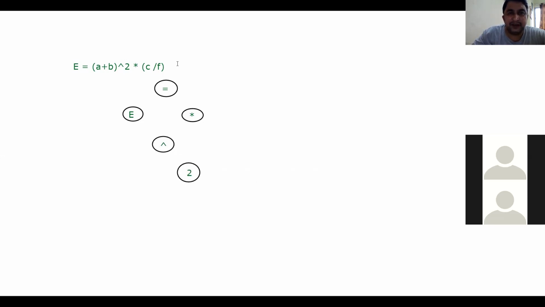A plus B, again, is an expression, so it can be further subdivided. So the major operator of A plus B is what? Plus.